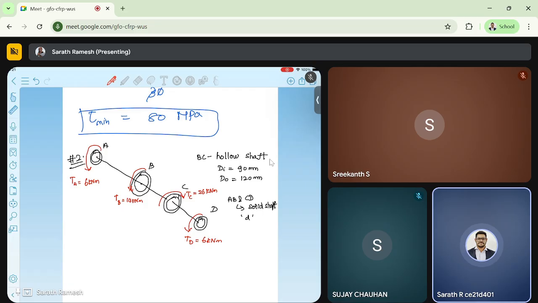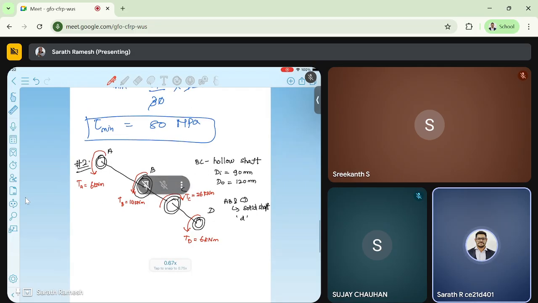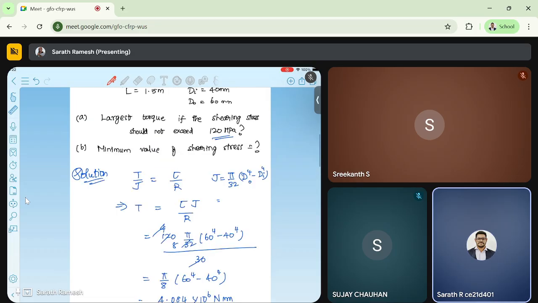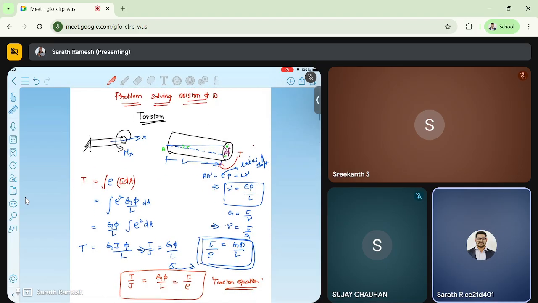For those who joined just now, I'll go through what I have been telling the last few minutes. I just started with the concept of torsion. Started with the torsion equation, T by J equal to G theta by L equal to tau by R. T is the external torque applied, the moment about its longitudinal axis.